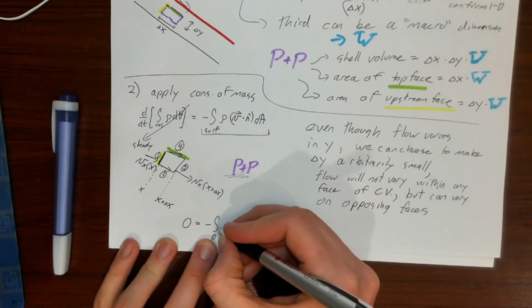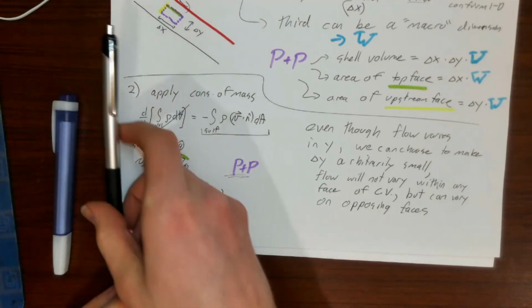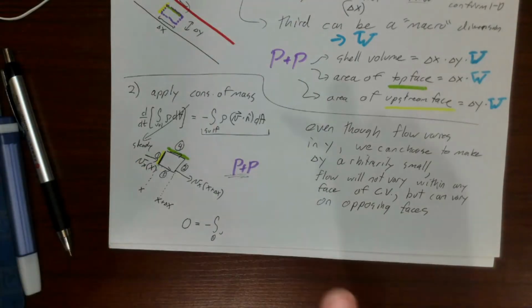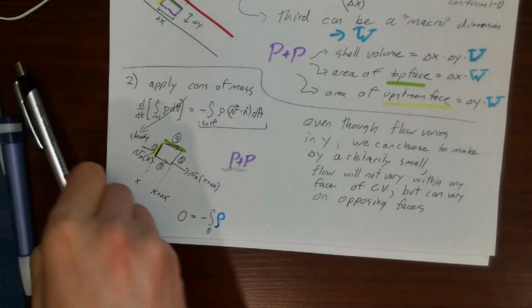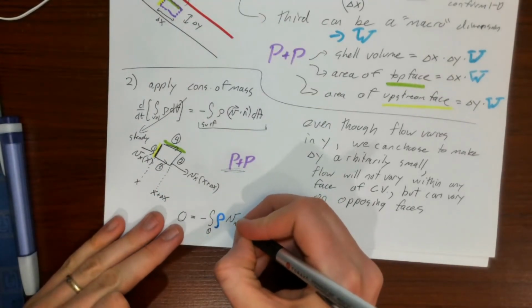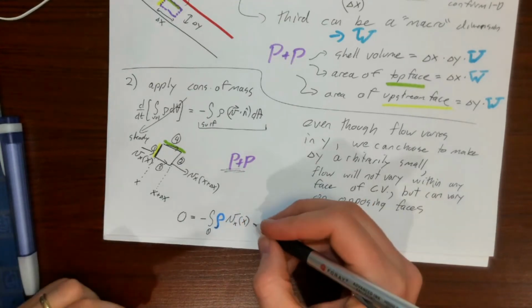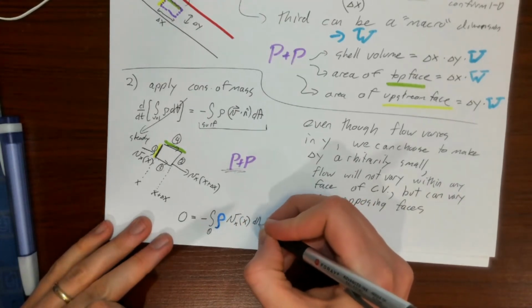So we have the integral over surface 1 of rho, which is a known constant, times Vx at x. Vx at position x, dA.